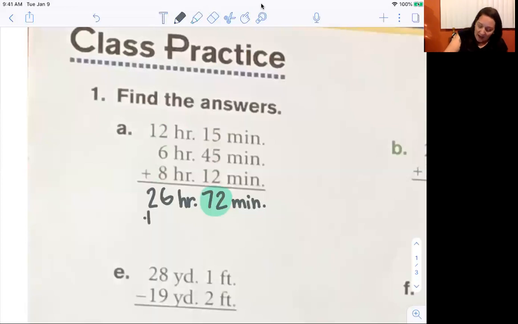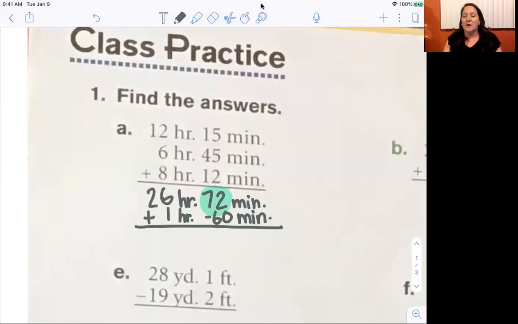We're going to add the 1 hour, but we're going to subtract the 60 minutes. We're doing an even exchange. We're not adding or subtracting anything that's not already there. We're taking a group of 60 minutes, taking that away and trading it for an hour and adding the hour in. So when that's done, what's left is 27 hours.